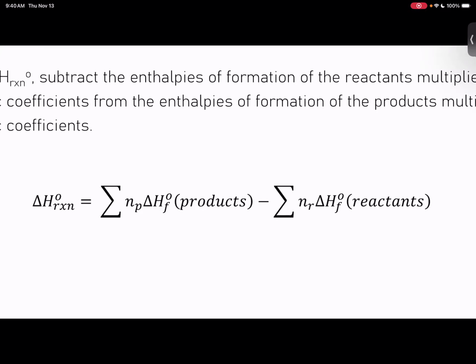The words are just simply saying what that equation states. So let's look at some examples.